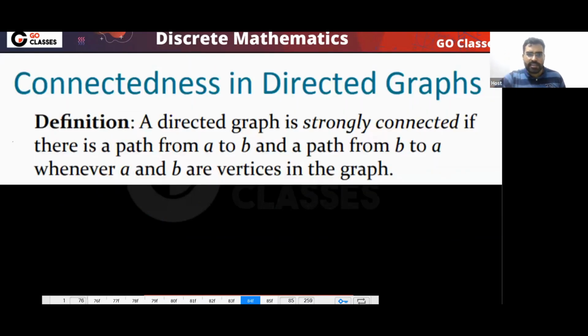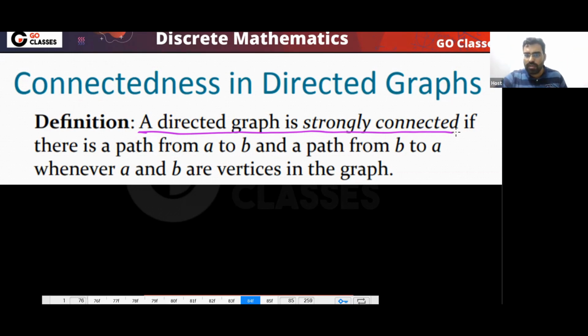So this is the definition. You can notice what a strongly connected graph is. A directed graph is strongly connected when? When you have only one strongly connected component.